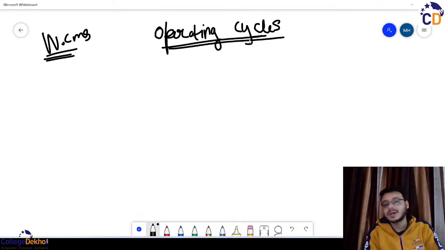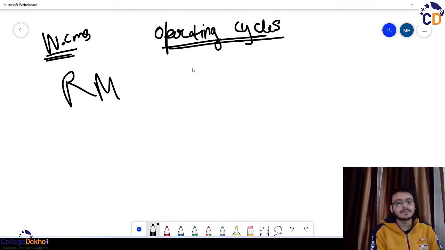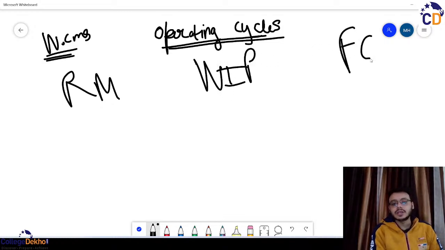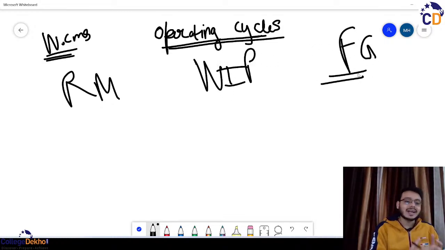Okay. So one thing is quite clear: we would be working on the concept of raw materials. The second thing we will have is the work in progress. And the third thing would be the finished goods. These are the essential, starting-most ingredients of the operating cycle. So what exactly is the raw material?